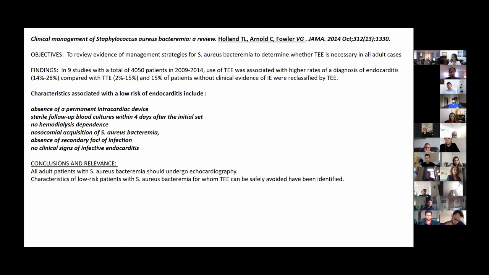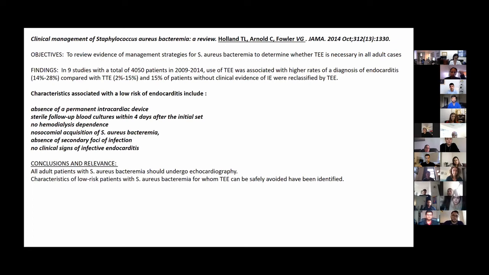And essentially, if you don't have an intracardiac device, if you clear the bacteremia within 72 hours, 4 days, if you're not on dialysis, and if it's nosocomially acquired, which means really that you know when they got it, so you can have a sense of how long they might have been sick. So it's when the IV became infected.